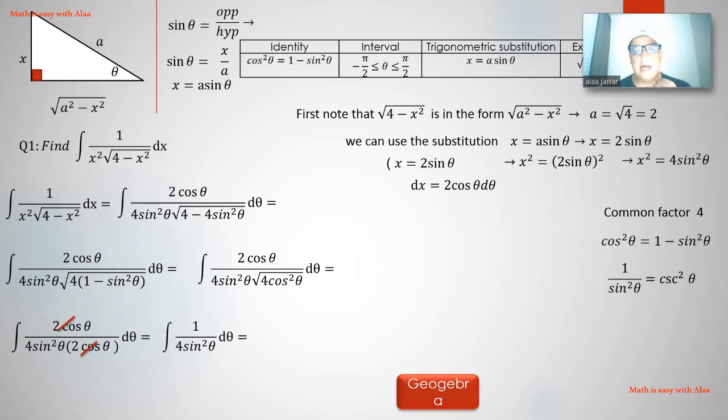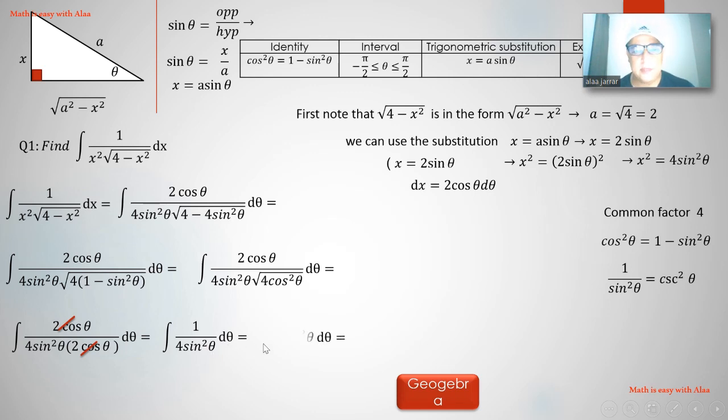Now sine theta is reciprocal to cosecant theta. If cosecant theta equal 1 over sine theta, then cosecant squared theta equal 1 over sine squared theta. We will replace 1 over sine squared theta by cosecant squared theta.